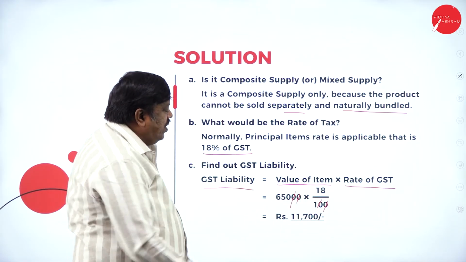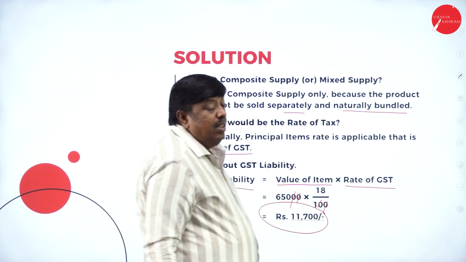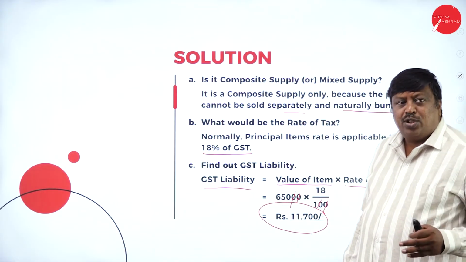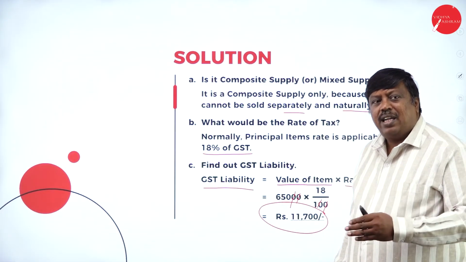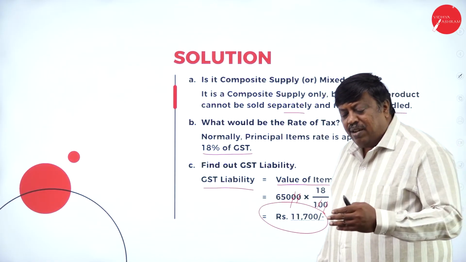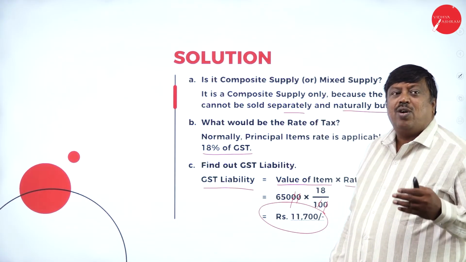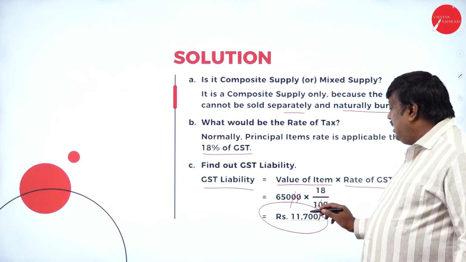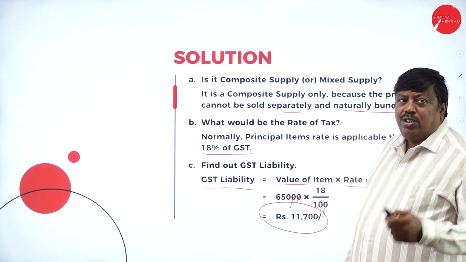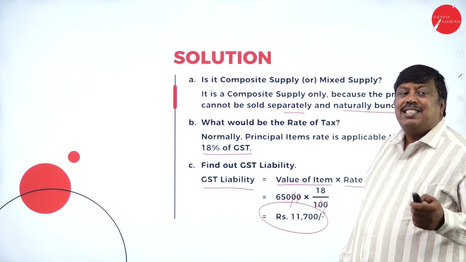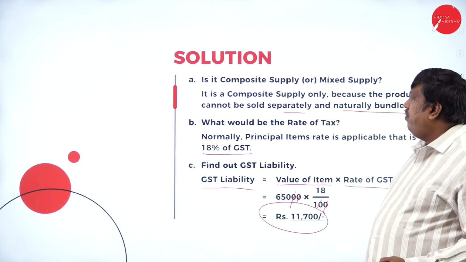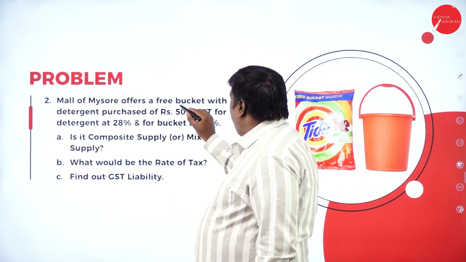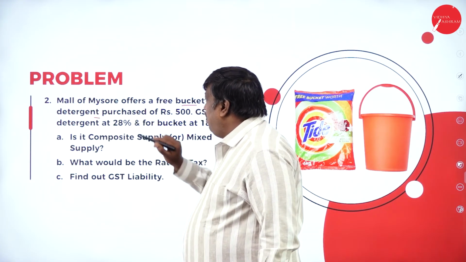This is the amount of GST I have to pay when I purchase a laptop with a laptop bag which is supplied with all the laptops. The total cost of the laptop is 65,000, and I have to pay 11,700 as GST. So the total value of the product will be 76,700.